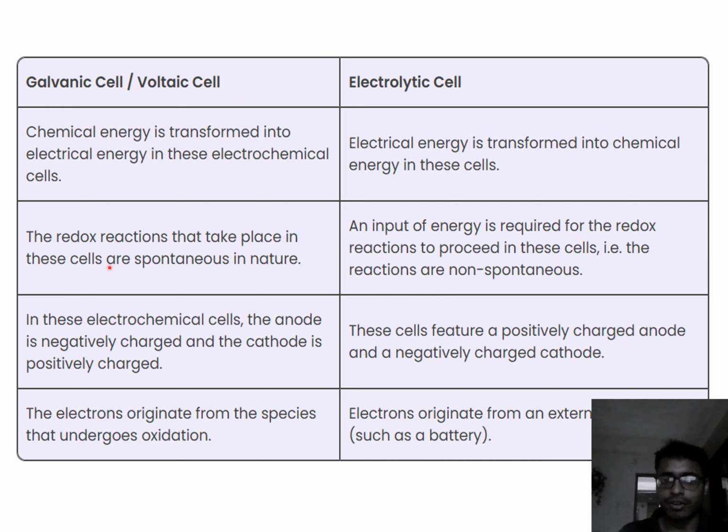That is, the reactions are non-spontaneous. So in galvanic cell, the anode is negatively charged and the cathode is positively charged, whereas in electrolytic cell, this is opposite. The electrons originate from the species that undergoes oxidation; here, electrons originate from an external source.